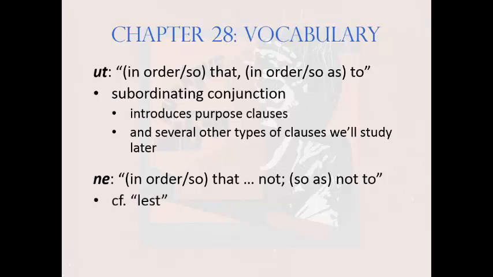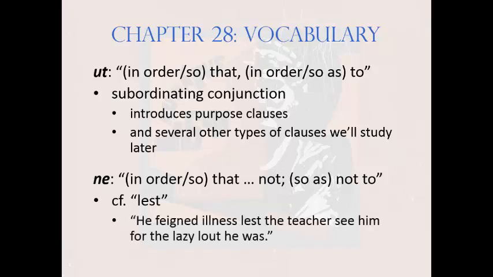Lest, though rather old-fashioned sounding today, is not a bad way to translate this conjunction, assuming you know what lest means. For instance, he feigned illness, lest the teacher see him for the lazy lout he was.